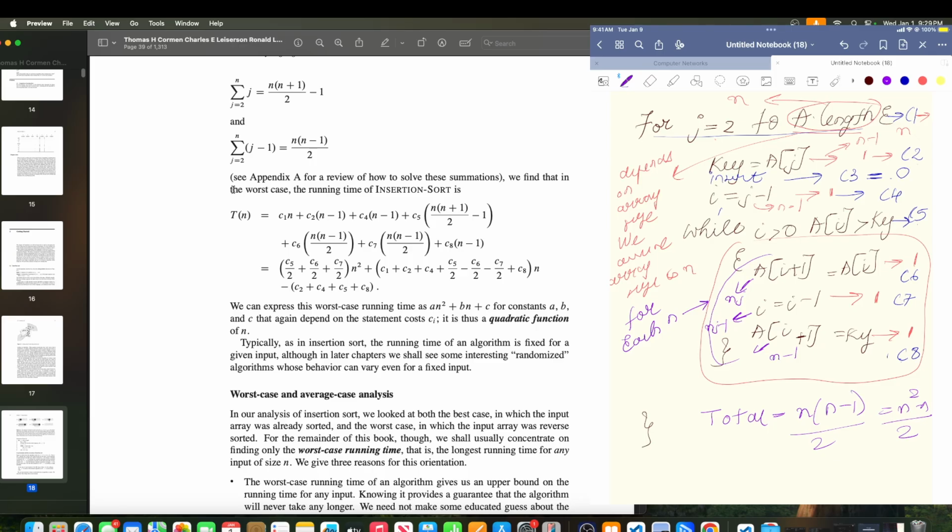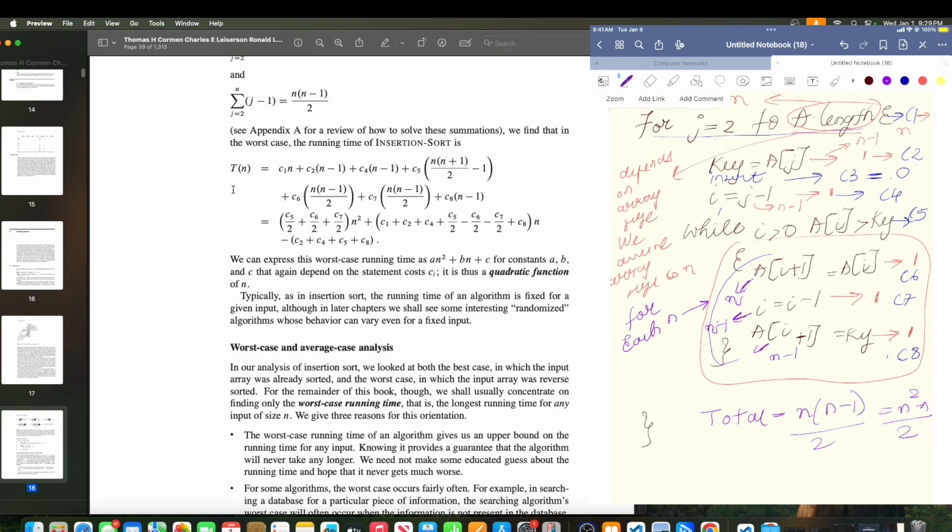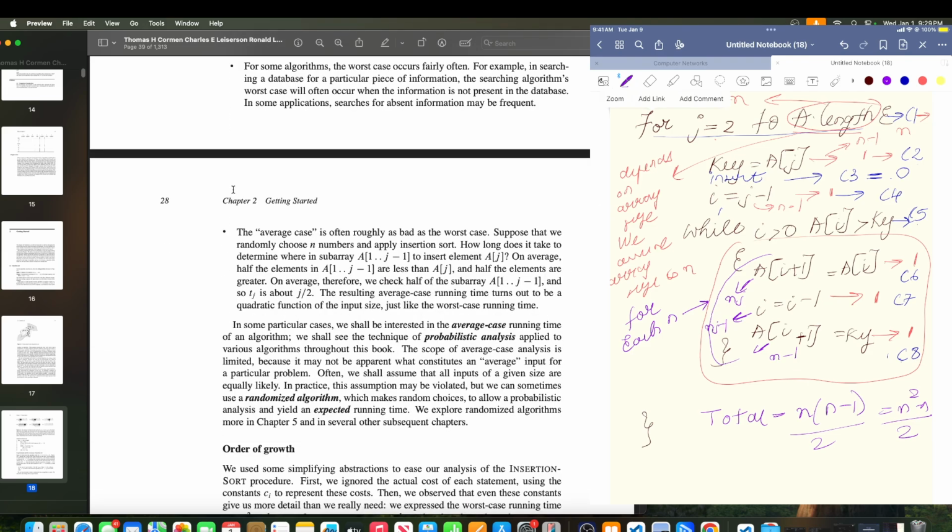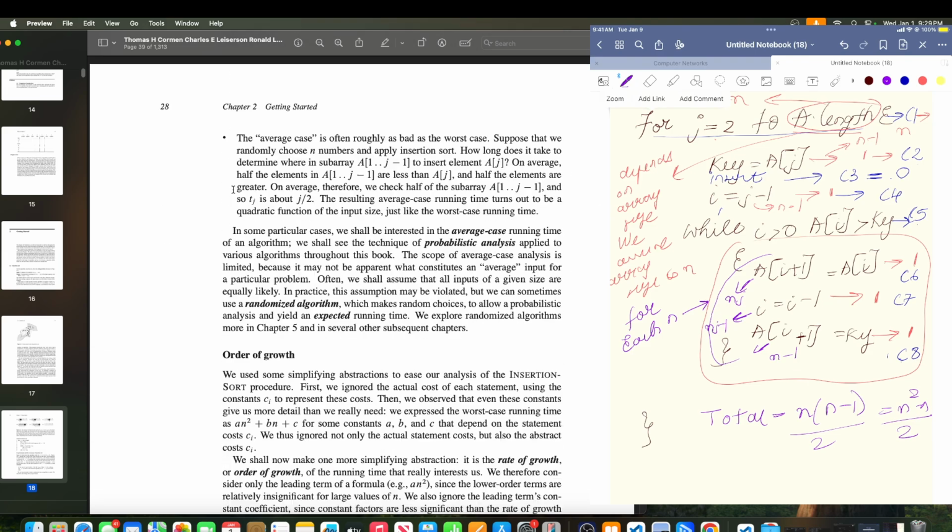But remember, this is not the exact analysis we are doing. We are not dealing with the exact running time. We want worst to worst case what will happen. We need the upper bound, right?